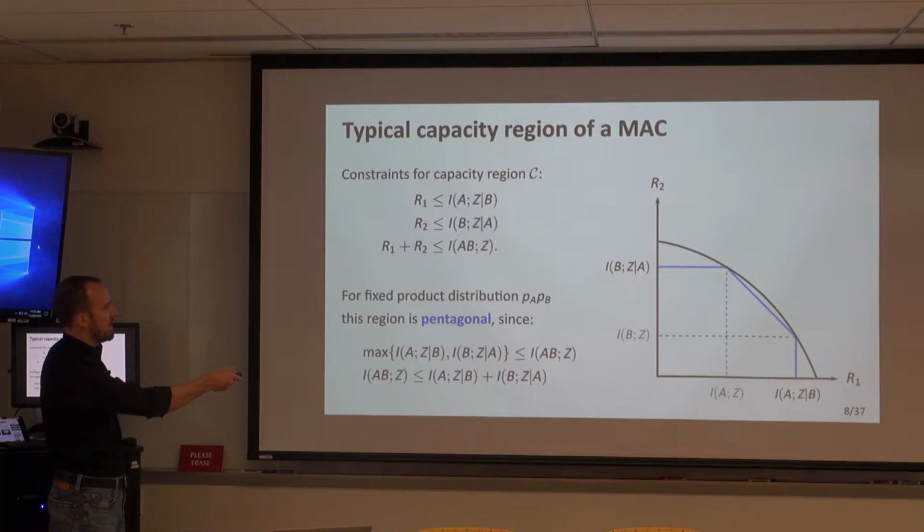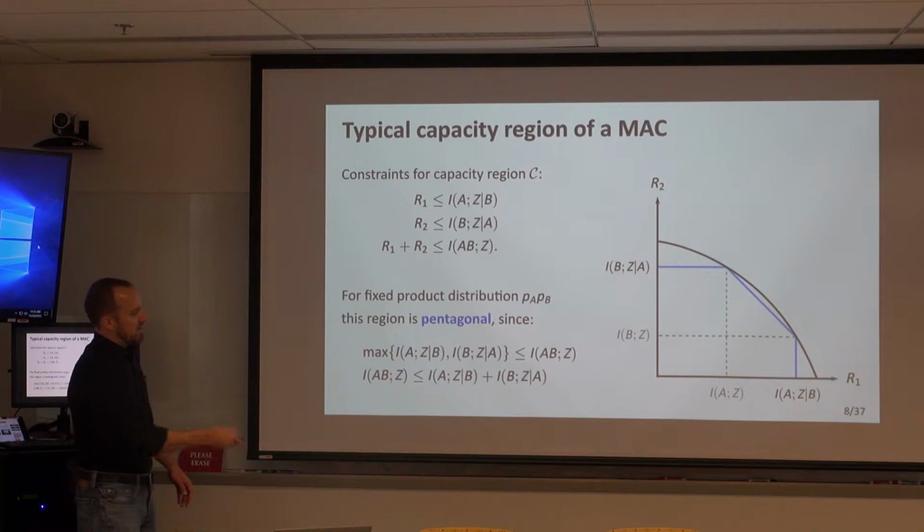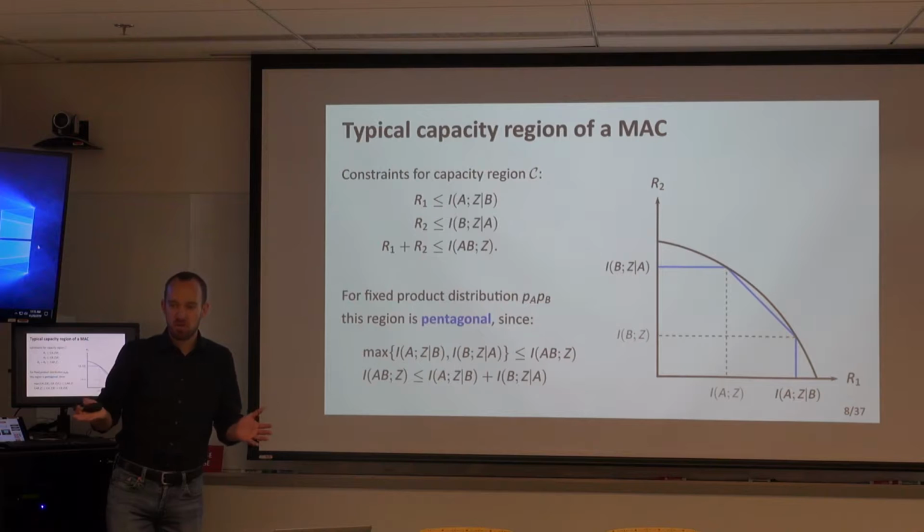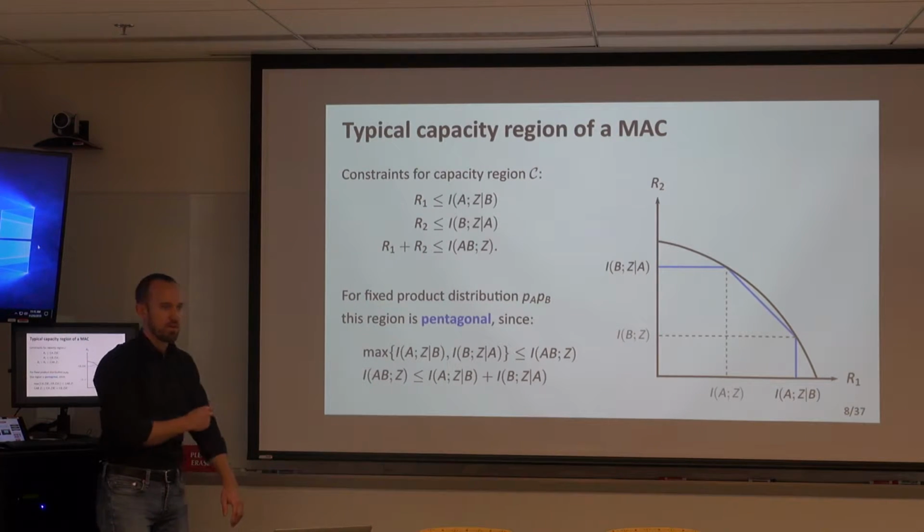So if you fix some product distribution, you get one of these pentagons here. And then the round curve you get by varying over all product distributions and taking the convex hull of all these pentagons that you get.